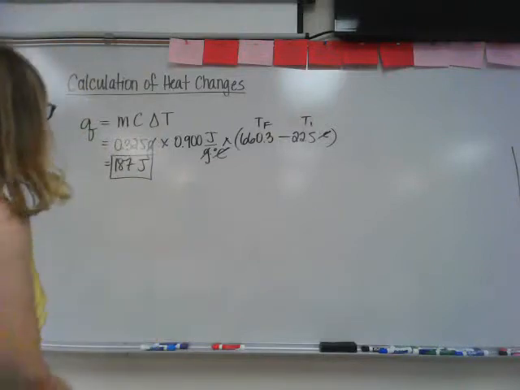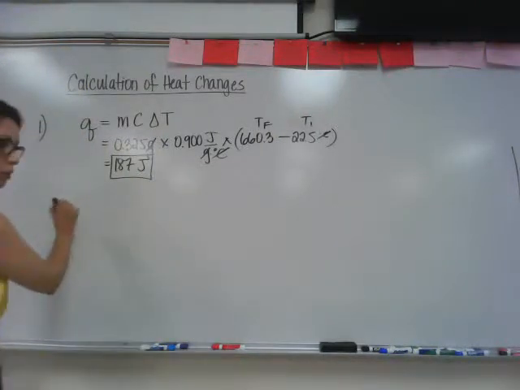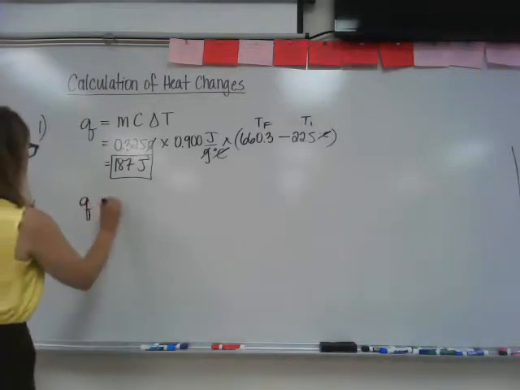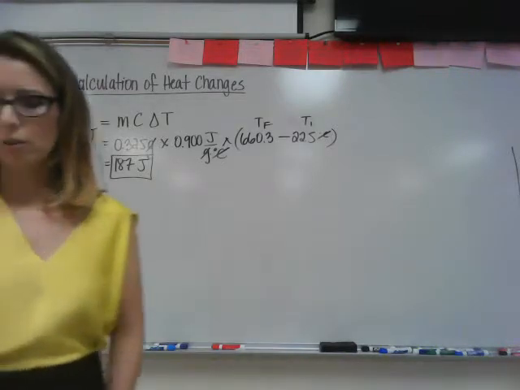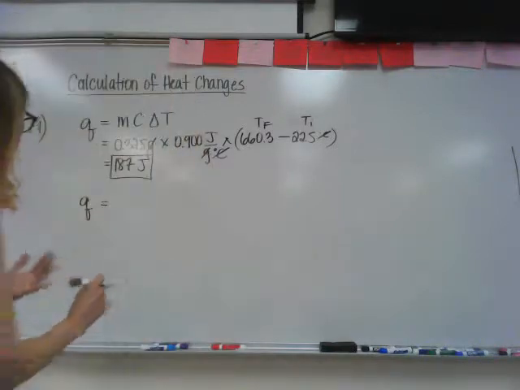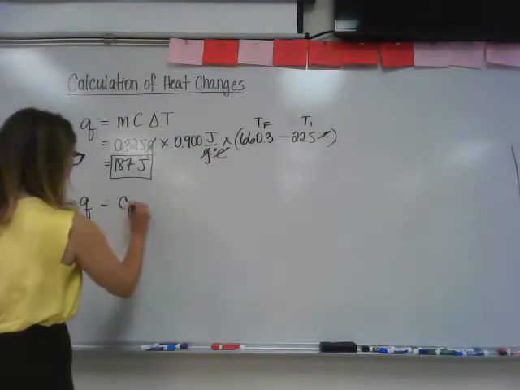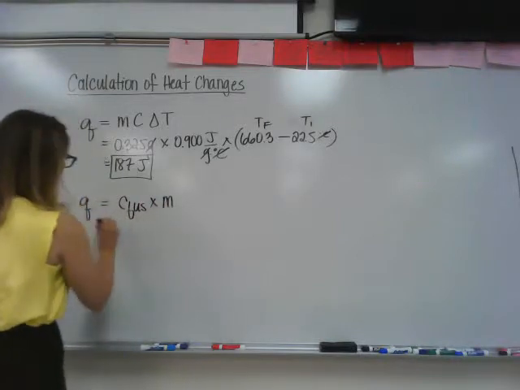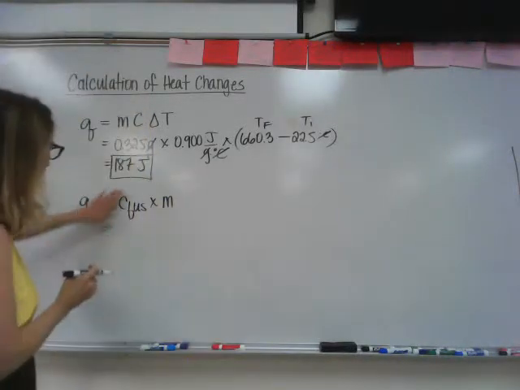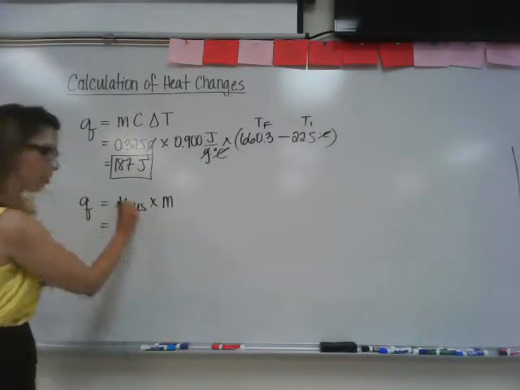For the change of state, you're going to end up with Q equals the mass times the heat of fusion. So they gave us the heat of fusion in the problem. That's the wrong symbol, isn't it? Yeah?